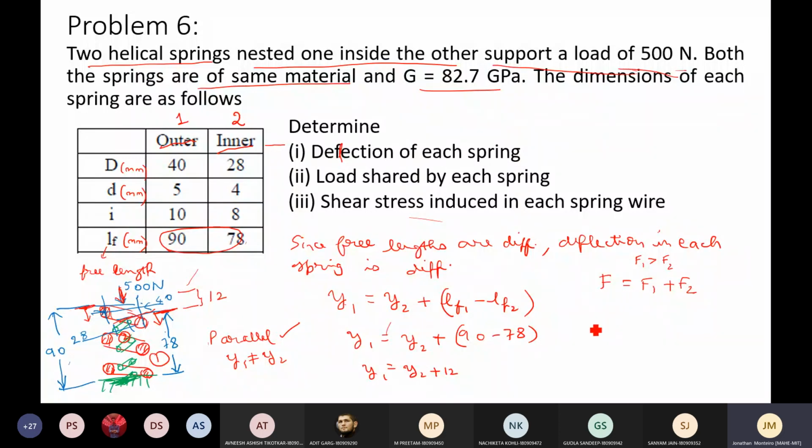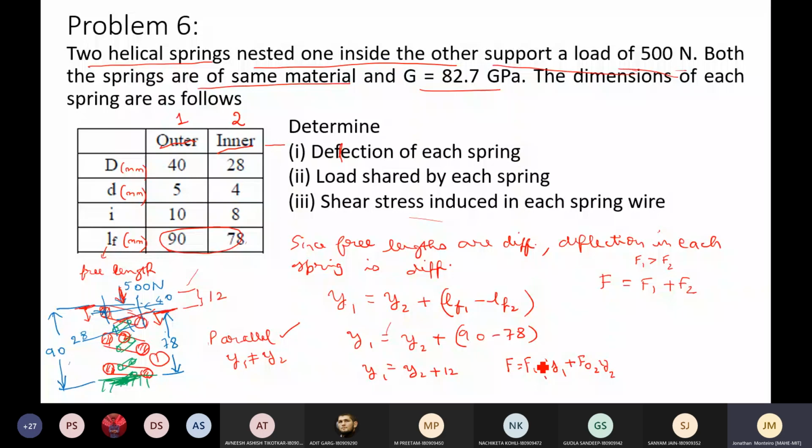F is equal to F1 plus F2. I'll write it here. So this can be written as F is equal to F01 Y1 plus F02 Y2.